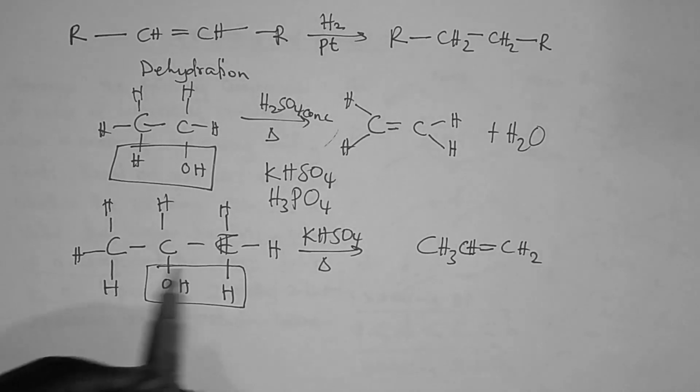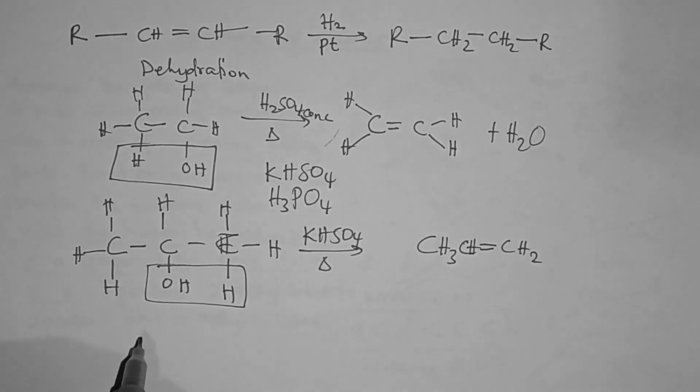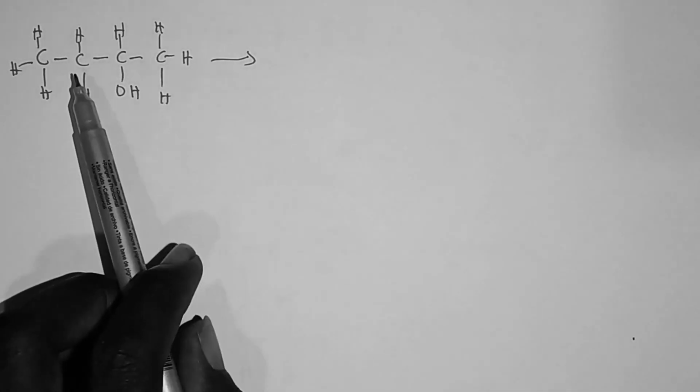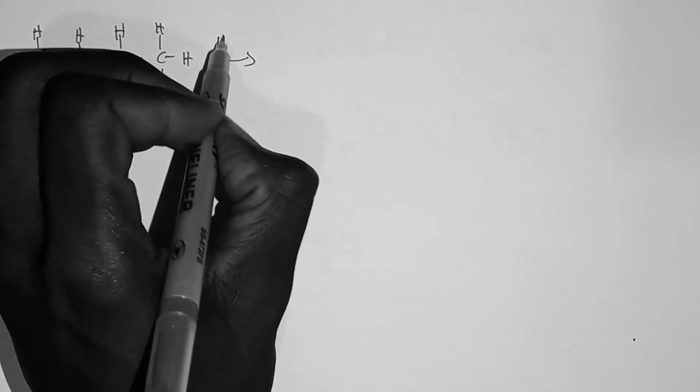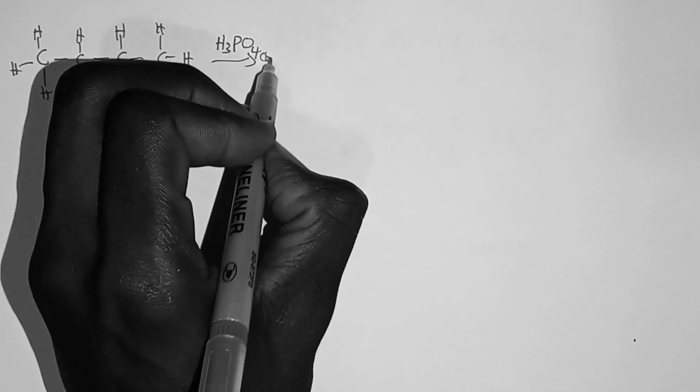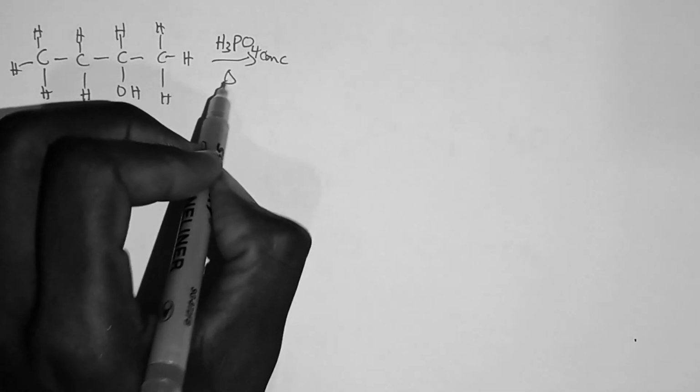What if instead of 2-propanol, it was 2-butanol? Let's consider 2-butanol. What if we put in concentrated phosphoric acid and heat? What will be the product formed?